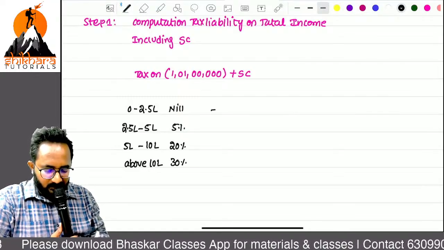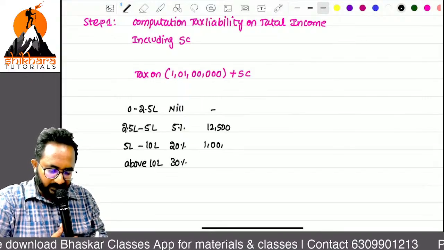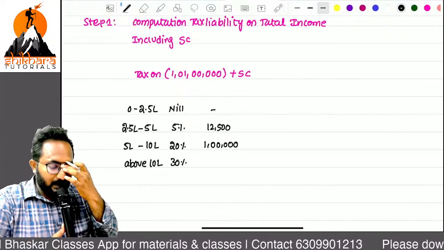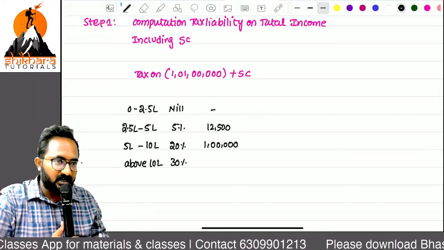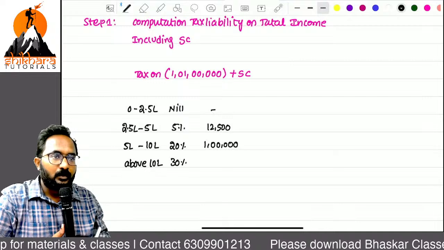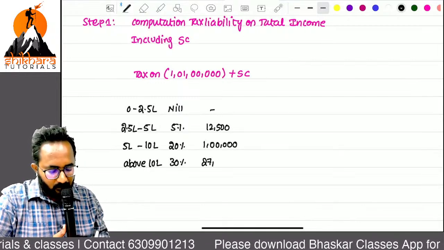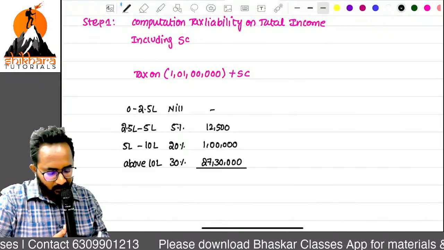First one nil, second one 12,500, third one 1 lakh. Next one ma. So above 10 lakh, I think we have 91 lakh. 91 lakh into 30%. How much ma? 27 lakh 30,000. Okay. So I'm totally depending upon your computations only. Please give me. Next total ma?